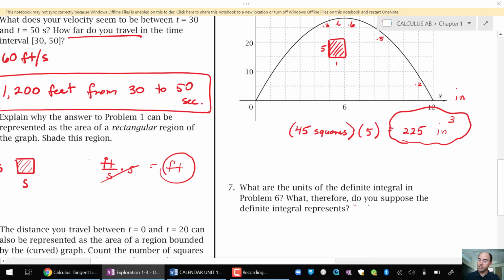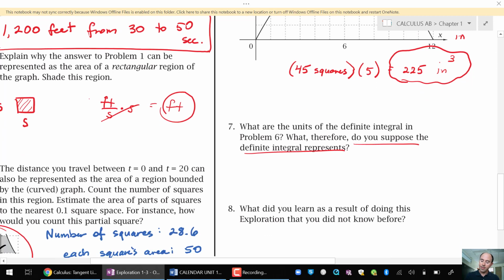So what do you suppose the definite integral represents? I would suggest the volume of the football, in cubic inches, from 0 to 12 inches across.